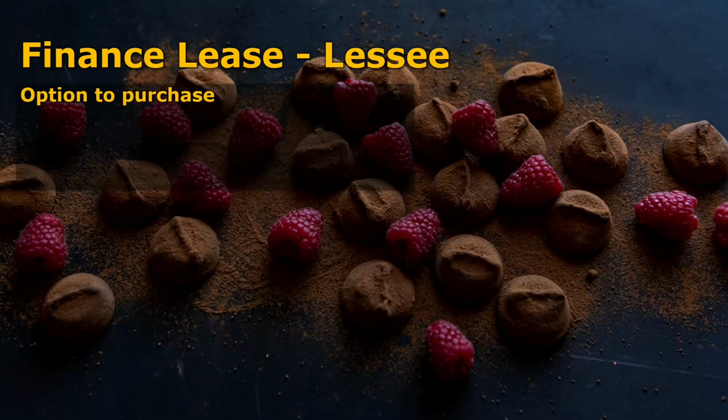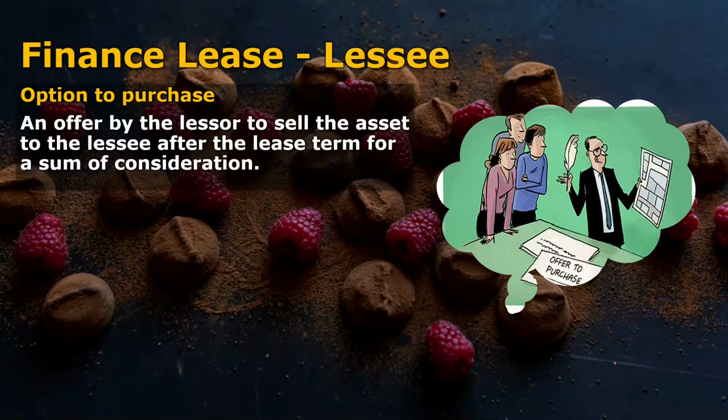Let's start with option to purchase. What is it? It is an offer by the lessor to sell the asset to the lessee after the lease term for a sum of consideration. So, it's as if the lessor is offering this: I will allow you to rent this property for 5 years, but at the end of the 5 years, I will let you decide.